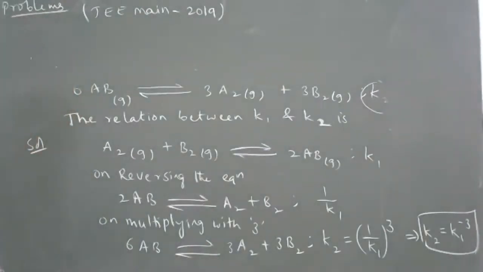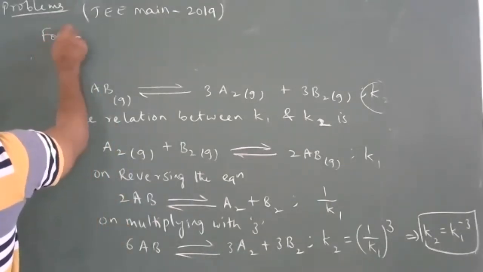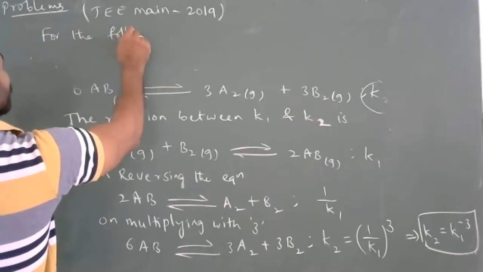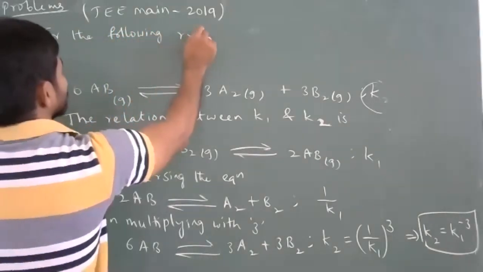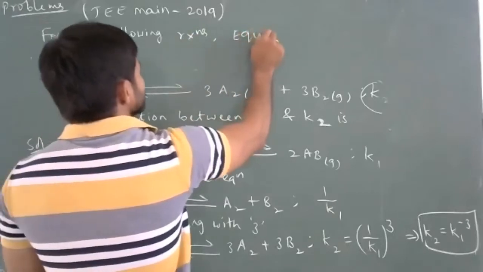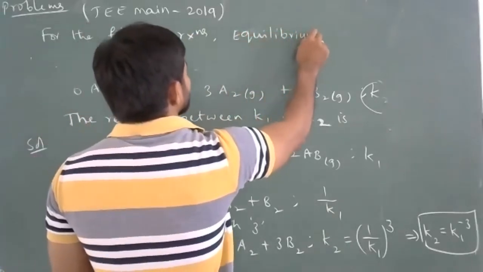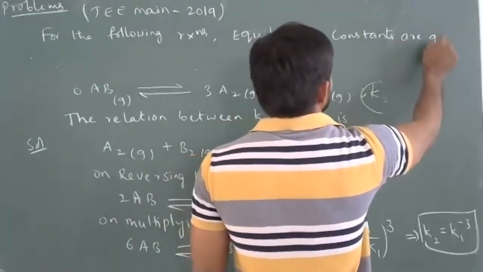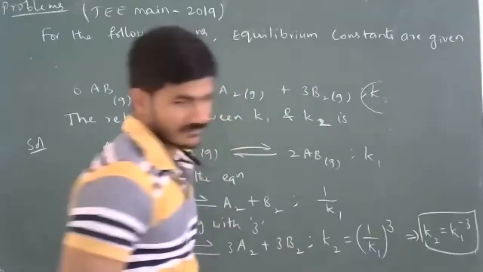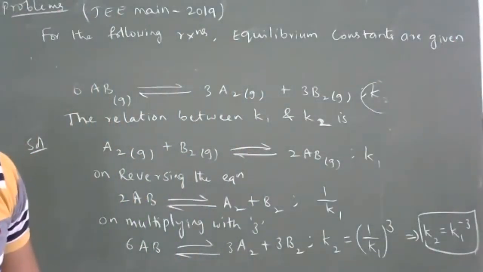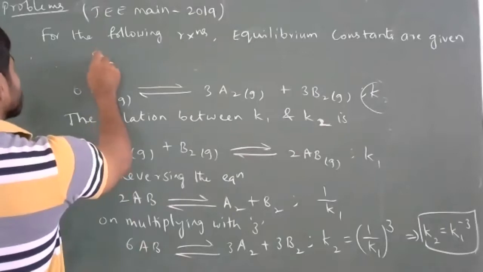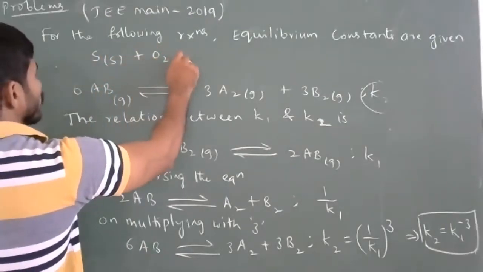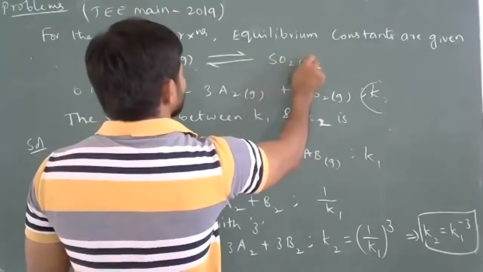You see, this is also a previous year problem. For the following reactions, equilibrium constants are given. S plus O2 gives rise to SO2.